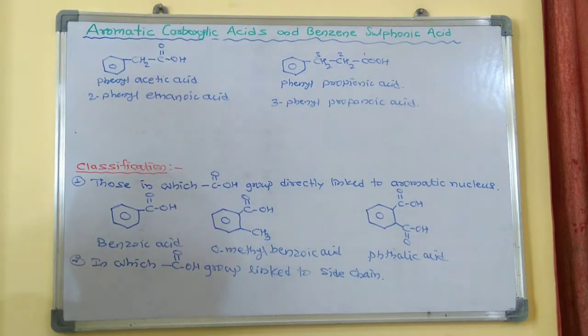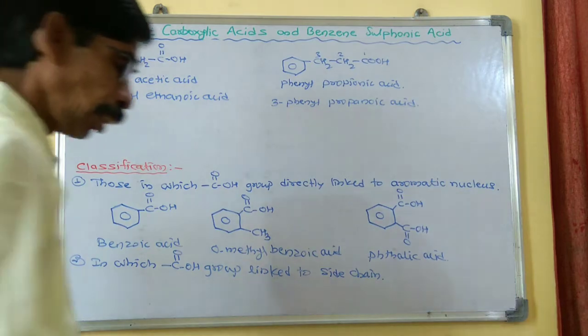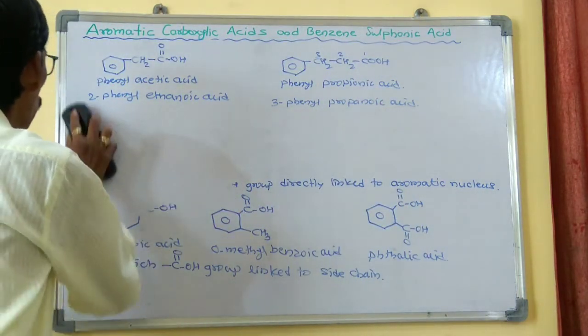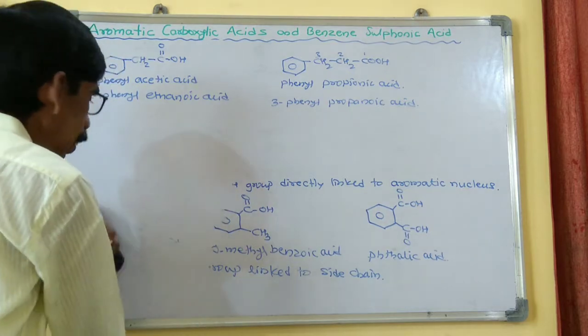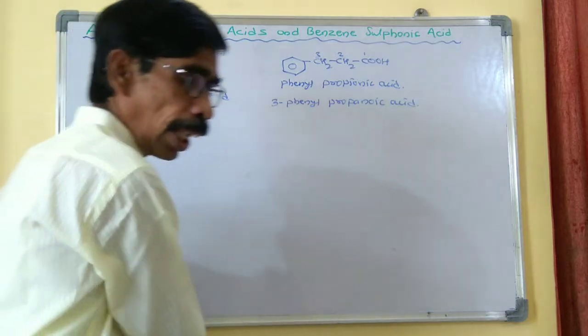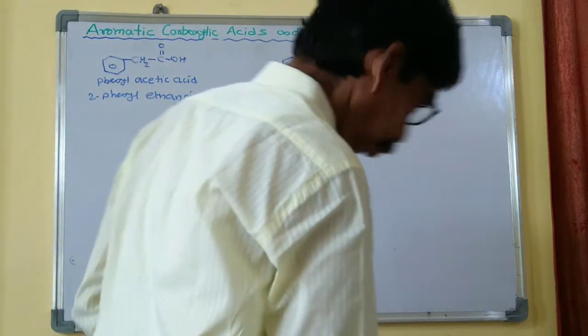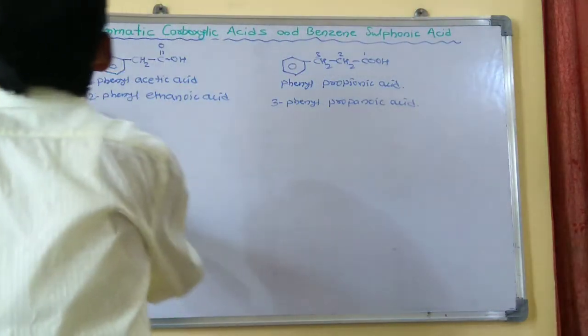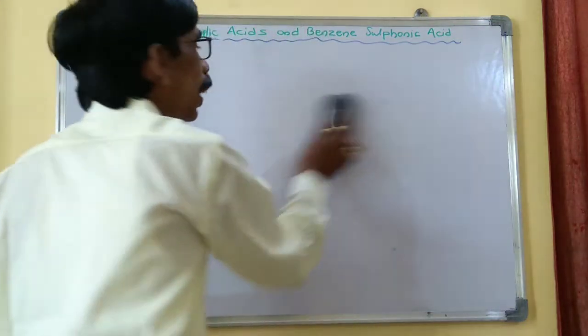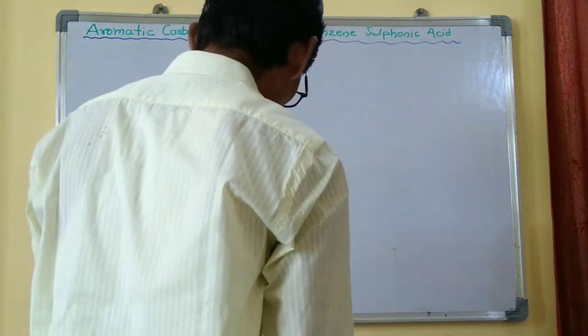So these are the classification of aromatic carboxylic acids. Now, the next part of this topic is synthesis and chemical reactions of aromatic carboxylic acids.